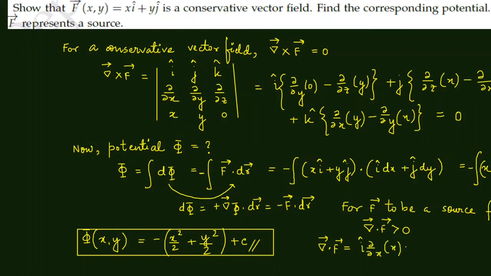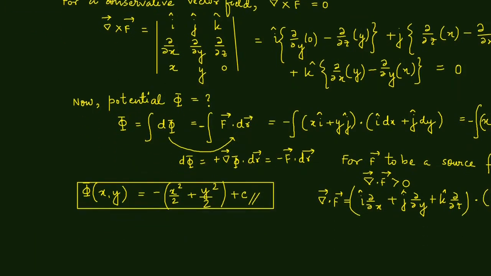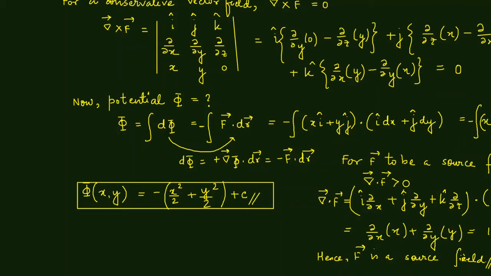So, divergence is i del x plus j del y plus k del z dot product with the given force field, which is x i cap plus y j cap. So, del x of x plus del y of y will be equal to 1 plus 1 equal to 2, which is greater than or equal to 0. That means it is a source field.